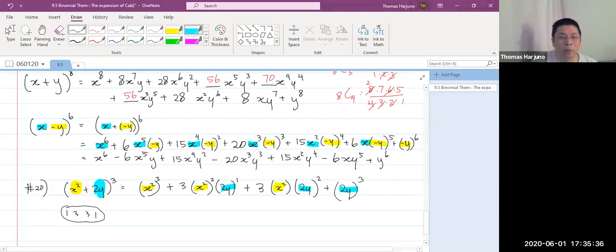Then anything from there will be just simplification. There will be x to the 6 plus 6x to the 4th y plus 3 times 4, that's 12, x squared y squared plus 8y cubed.